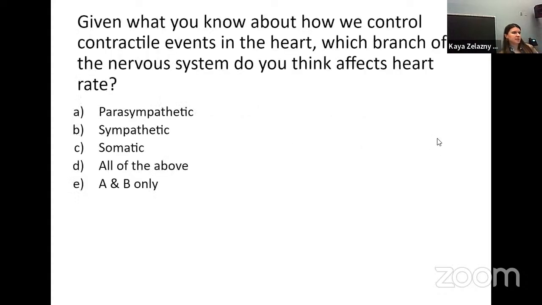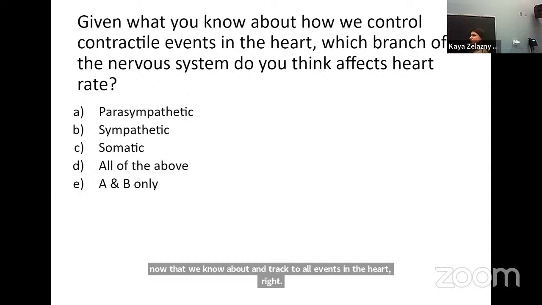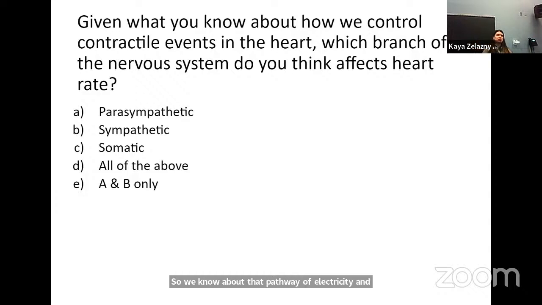Okay. So we're going to do a little prediction thing. Now that we know about contractile events in the heart, right? We know about that pathway of electricity and action potentials and our SA node and our AV node. And we know some things about our cardiac cycle too, right? We know that the atria are contracting, filling our ventricles with blood, which are then contracting and pushing blood out to the body.